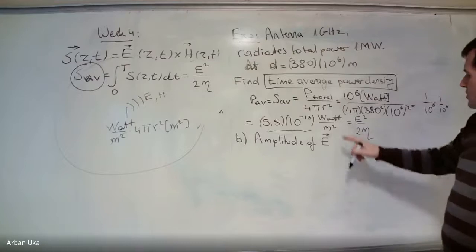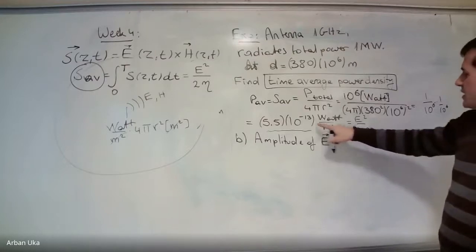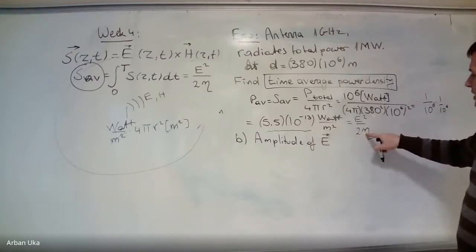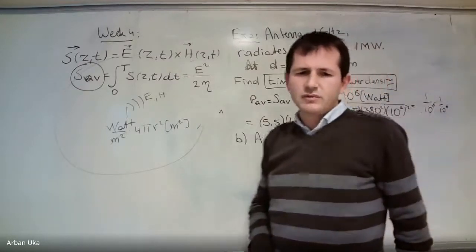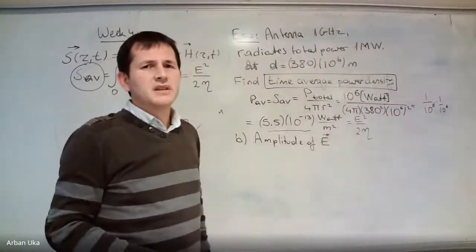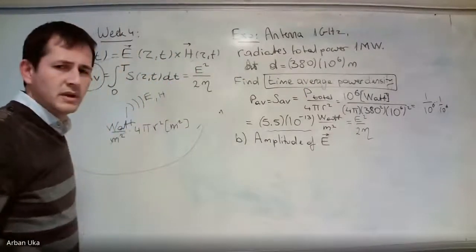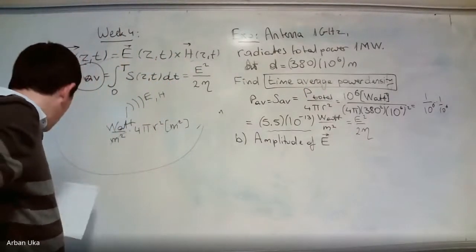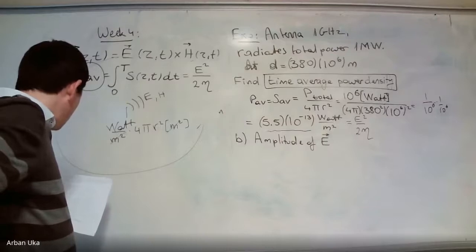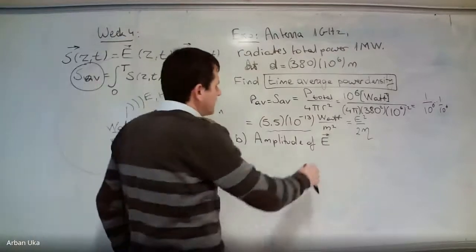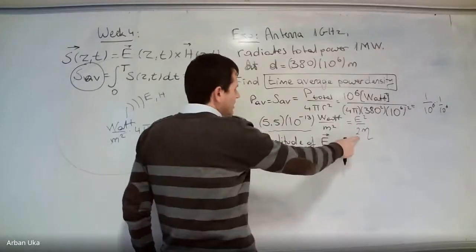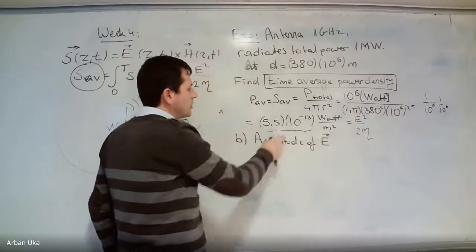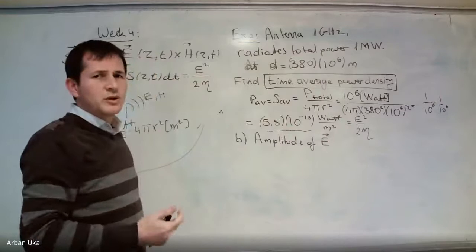So we have to multiply this number by 2 eta, the intrinsic impedance. If we are talking about vacuum, with no material, this is 377 ohm, because this is for vacuum or air. In this case we get something like 377 times 2, which is like 1,000. 1,000 times 10 to the power minus 13, we get 10 to the power minus 10.